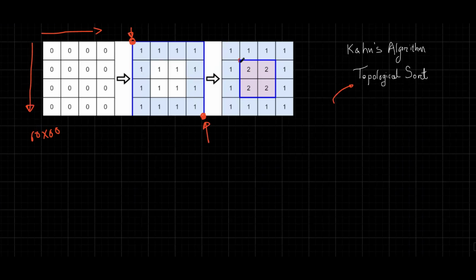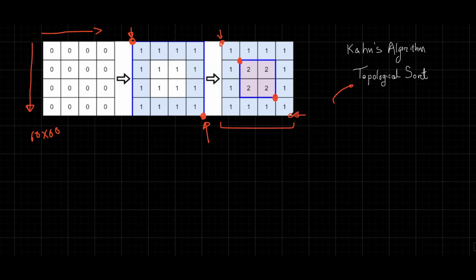Now for the color 2, its top left corner is this, its bottom right corner is this. Now here, it is our given matrix. So for the color 1, its range is from this position to this position.